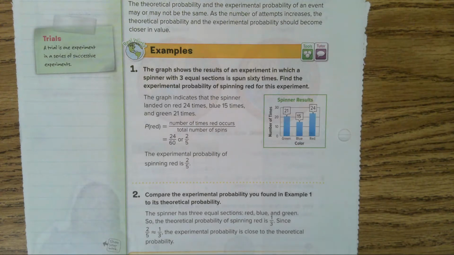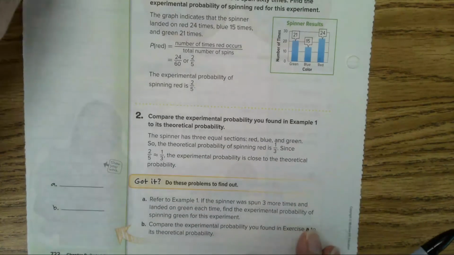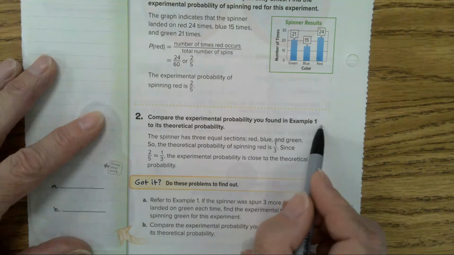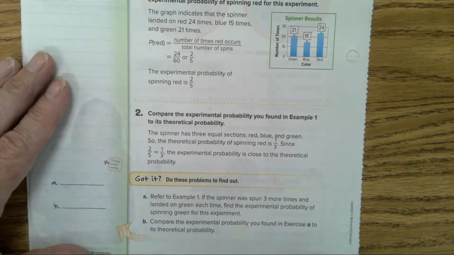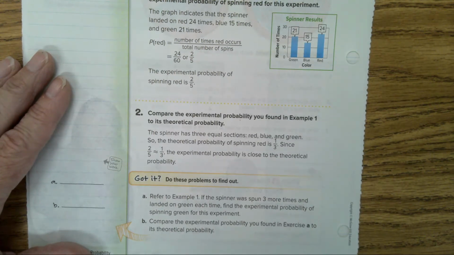Now, that's the experimental. Number 2: compare the experimental probability you found in example 1 to its theoretical probability. The spinner has 3 equal sections, red, blue, and green. So the theoretical probability of spinning red is 1 out of 3.